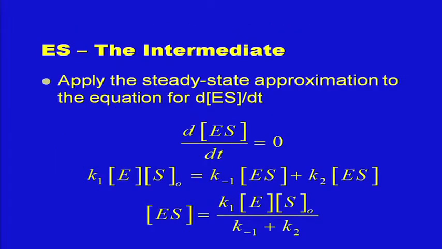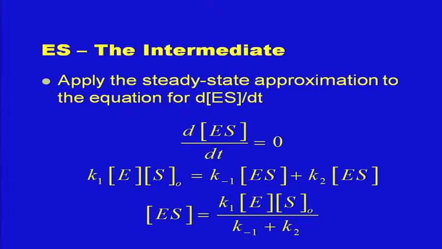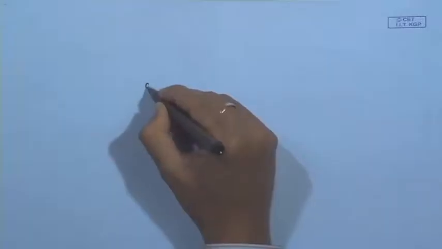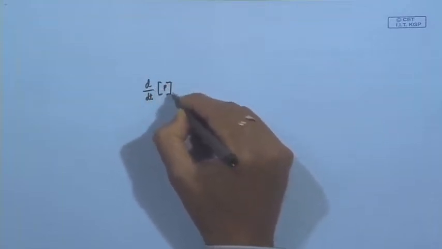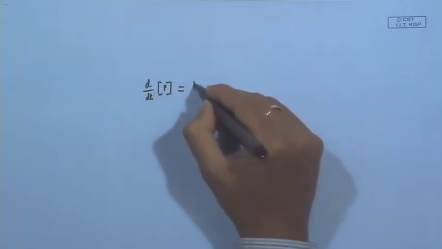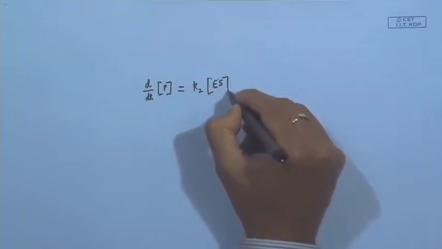Okay. So, you got the concentration of your intermediate. Now, it is time to find the rate of formation of product in terms of this ES. Therefore, d/dt of P, that is product formation, is equal to k2 times ES.